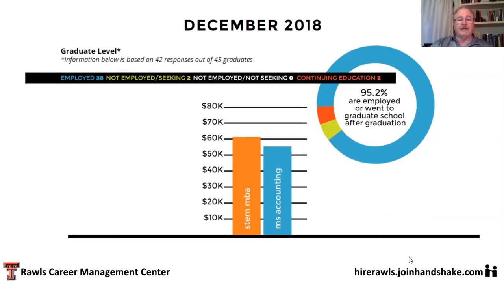December of 2018, STEM MBA students were making just over $60,000. Now, with today's climate, yeah, you may have to take some positions that aren't quite as ideal as you would like, not paying quite as much as you would like, but at least you're getting your foot in the door. So keep some of these numbers in mind.